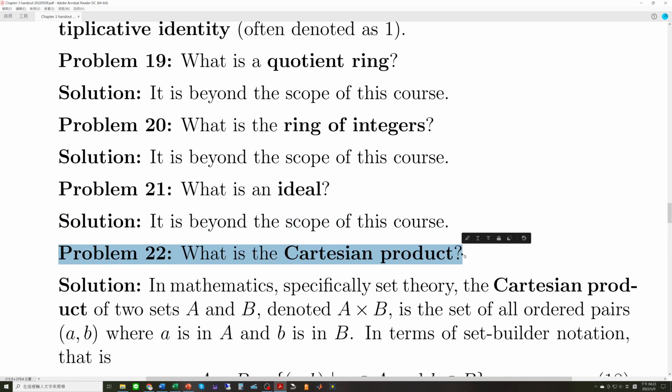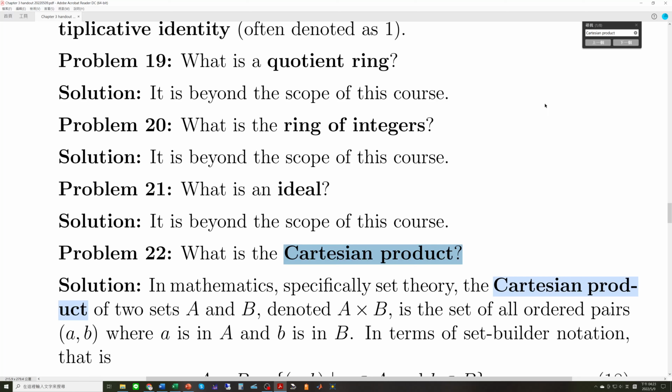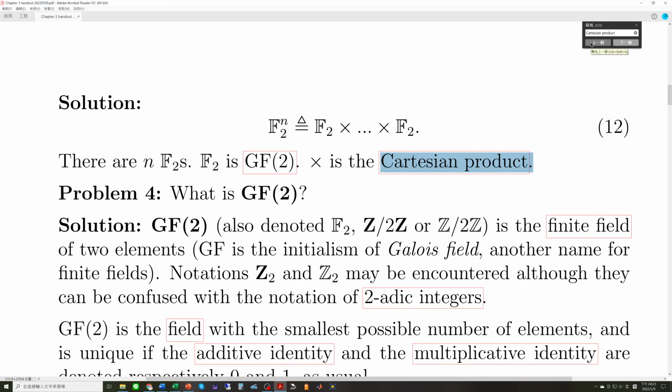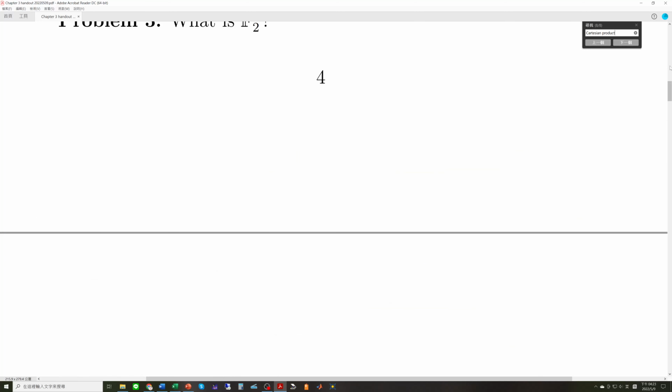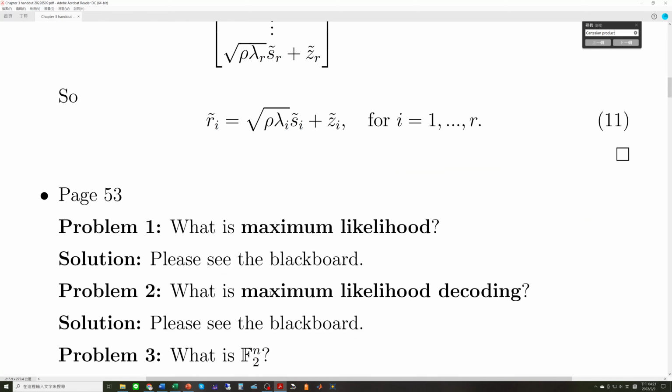Why do we need to know what the Cartesian product is? Let us search for Cartesian product in this document. Because the Cartesian product appears in the solution to problem 3, what is F2 to the power of n?